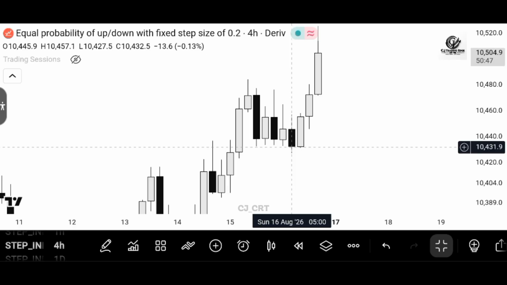Now, on the other hand, if price breaks the CRT low, which is this candle's low, and selling pressure continues to dominate, the liquidity sweep may not be a reversal. It could be a continuation.